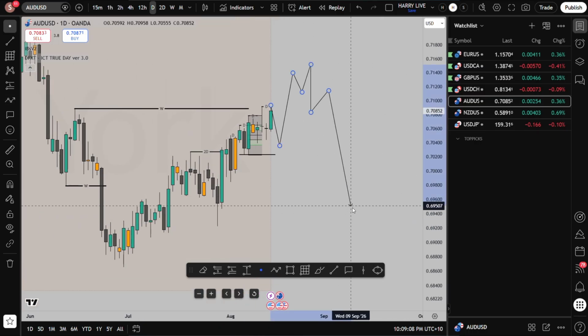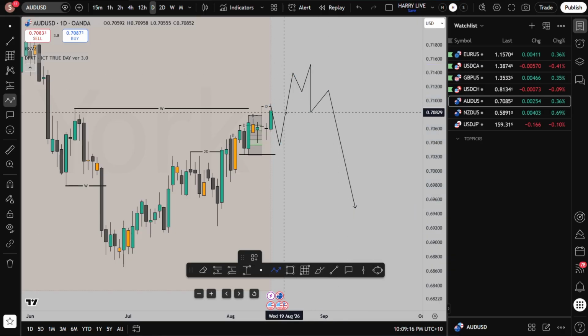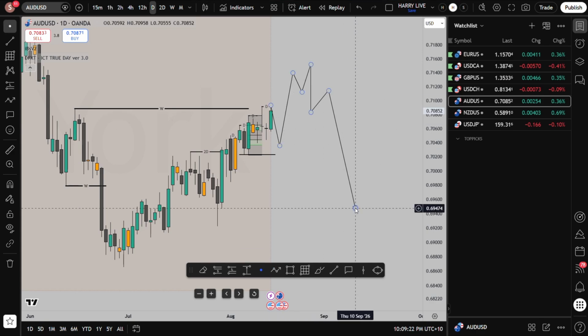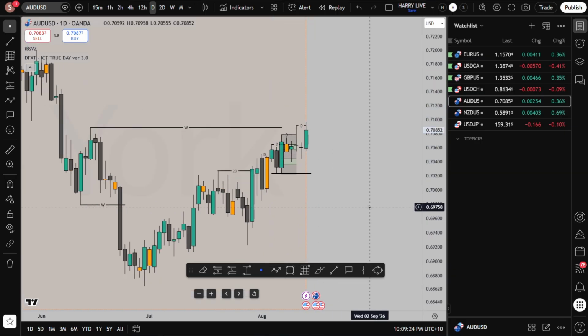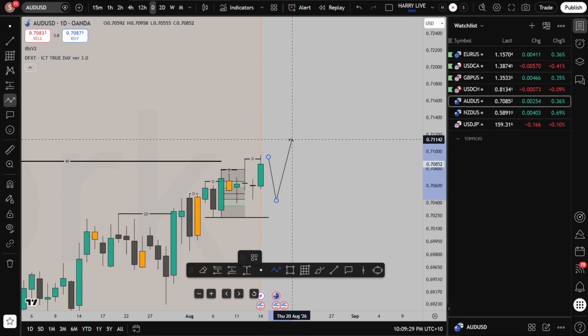So we can only follow the daily legs to get the clear picture. We will see how the daily legs form next week, and hopefully get a continuation of this price action to the upside and get the pullback, and let's see how this one forms next week. But the potential of this trend to continue is still there.